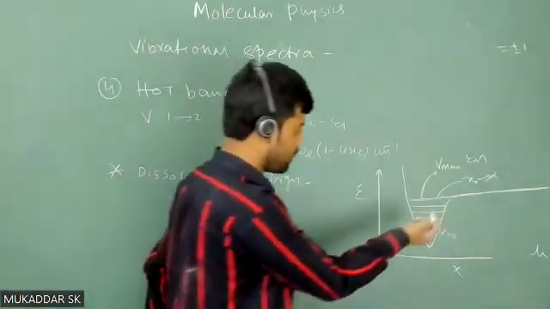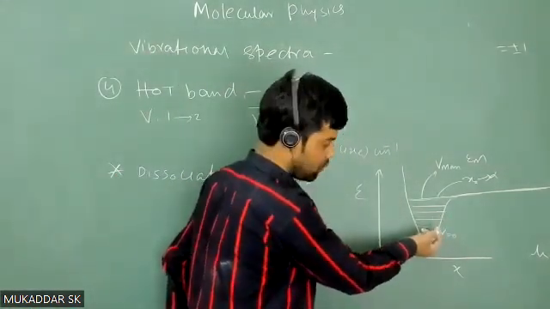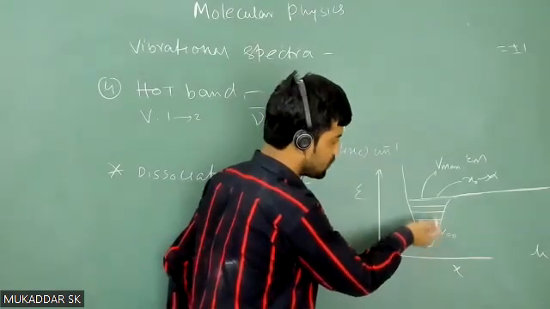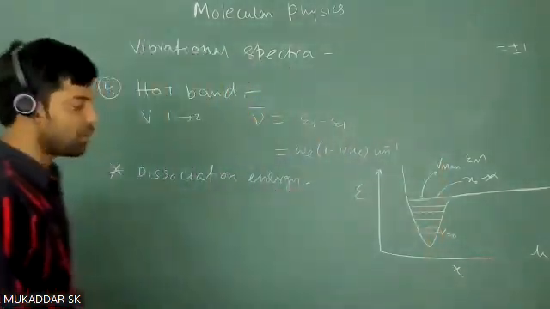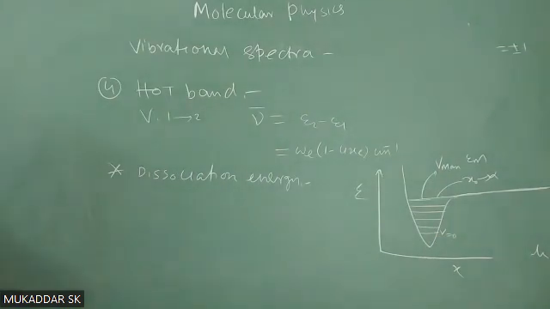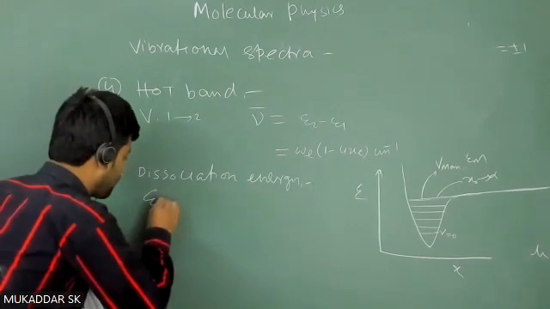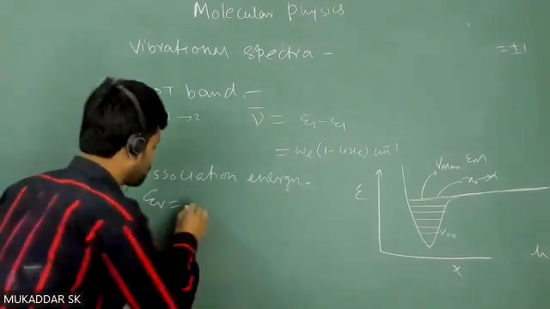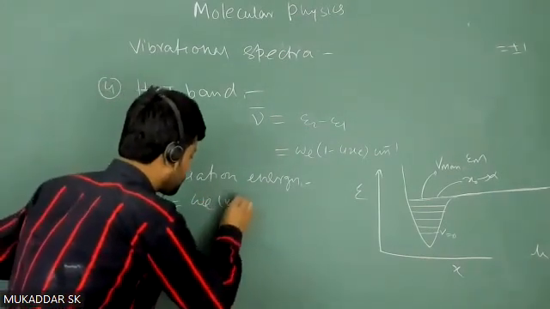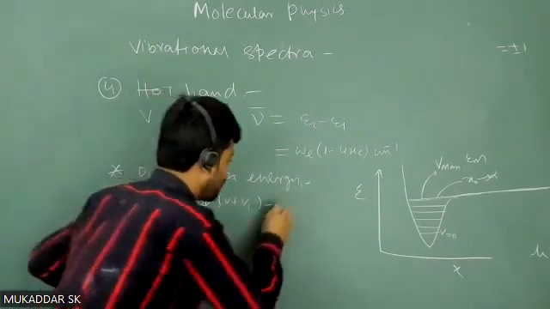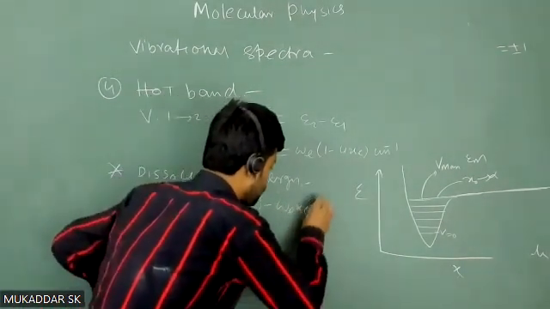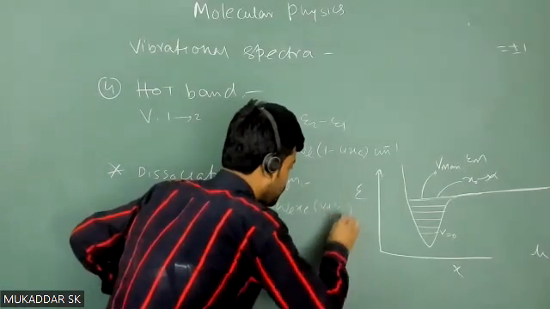So the energy needed to pump the molecule, to excite the molecule from v equals 0 to v max, this will be the dissociation energy. And for this, as you know, epsilon v equals omega e into v plus half minus omega e xe v plus half square, right?